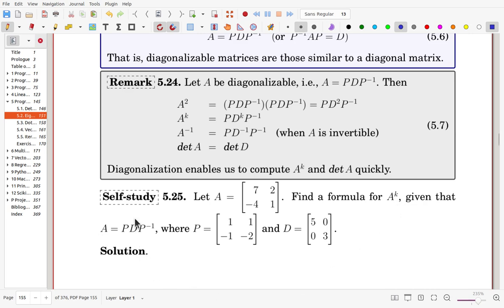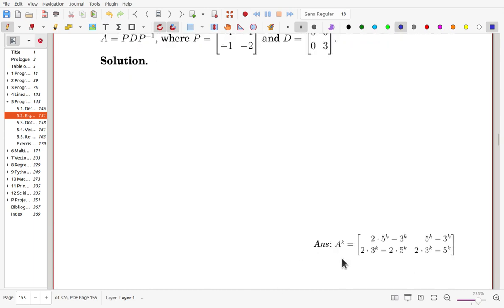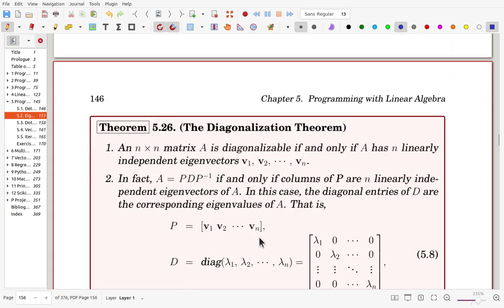First take the kth power, where D to the k is 5 to the k, 3 to the k, and you can multiply P and P inverse from both sides to find the final formula. That is this one. You can check it yourself.